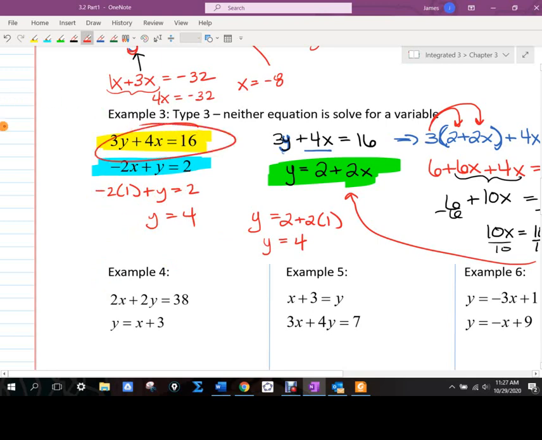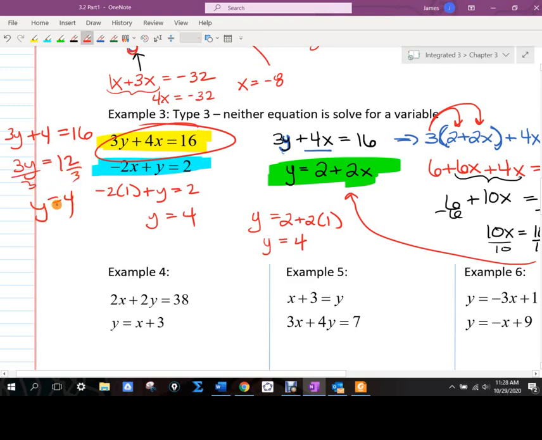Up here, if I plug in x to be 1, I get 3y plus 4 equals 16. I'm sorry, it's 16. I don't know why I did that. And now you have to do more algebra, right? Subtract 4 from both sides, I get 3y equals 12. And now divide both sides by 3, and I still get y to be 4.